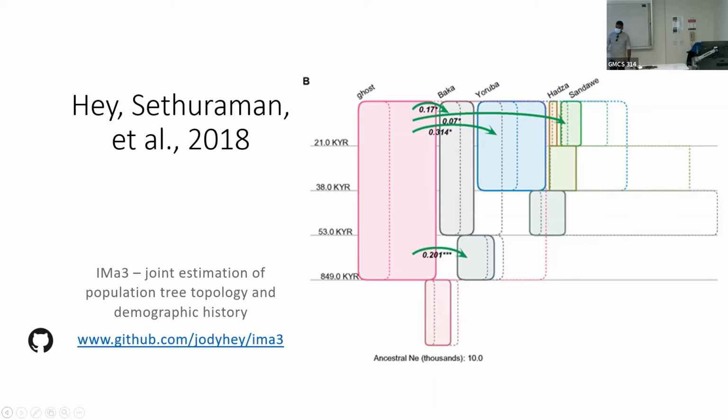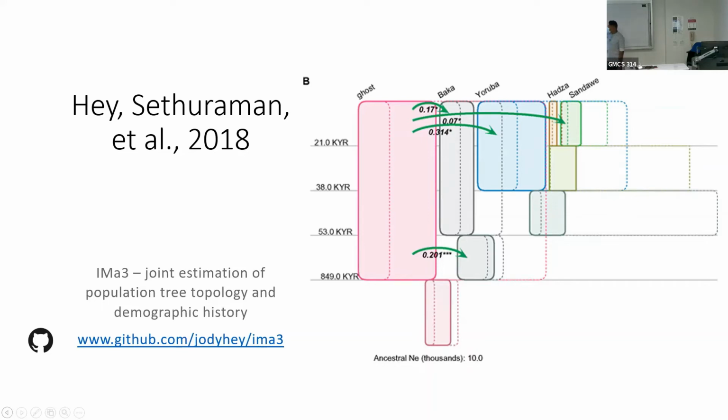These are populations that are potentially now extinct. These are non-human hominid species which split off from the common ancestral population about 850,000 years ago. So it's a very ancient split, even before the evolution of modern humans.